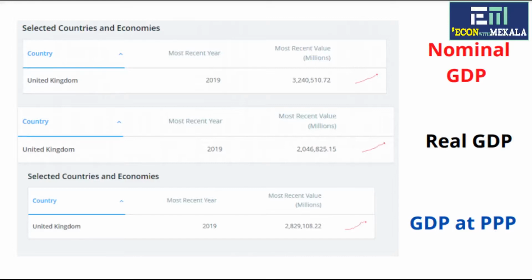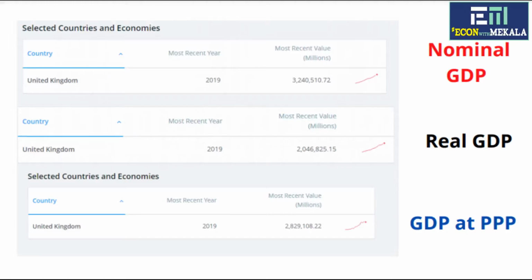This is nominal GDP, real GDP and GDP at purchasing power parity for the United Kingdom in 2019. You will be surprised, these three measurements give us three different values. Nominal GDP in 2019 means GDP of the United Kingdom at current prices of 2019.